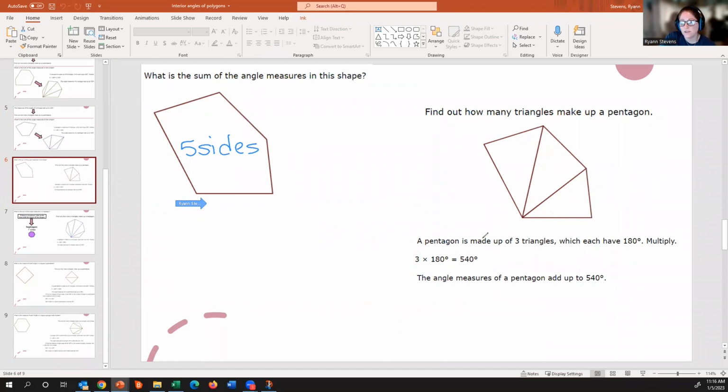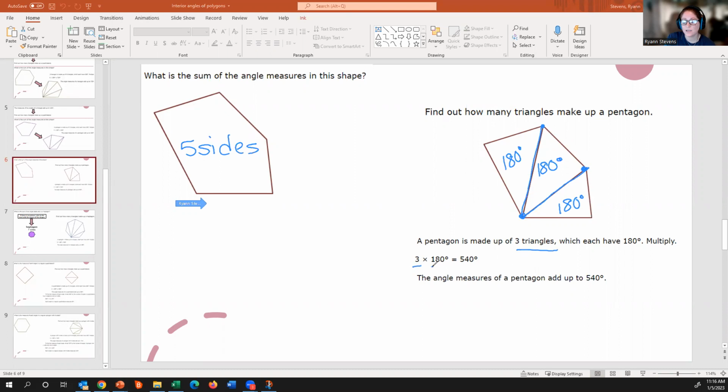So how many triangles can we fit into this pentagon? We connect our endpoints inside, and this will give us 180 degrees here, 180 degrees here, and then 180 degrees here. So again, it's made up of 3 different triangles.